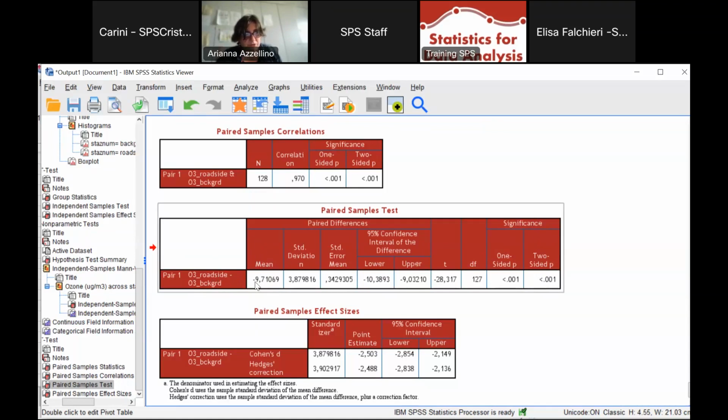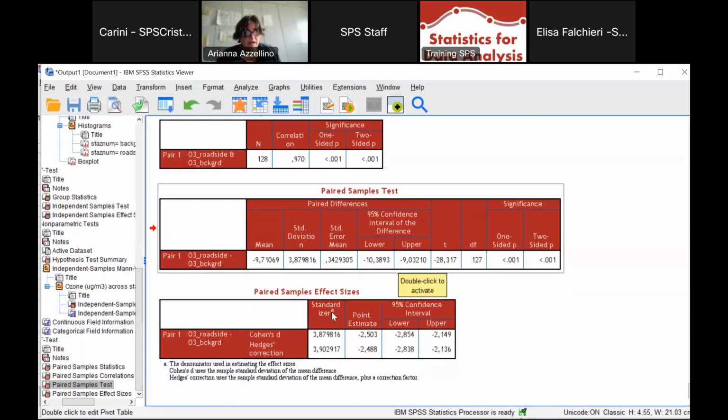Since I have also a sign here, I can see that for every month, the ozone concentration at the roadside is about 10 units of concentration lower than the background. Okay. I will not discuss the effect size because we have really no time for that.